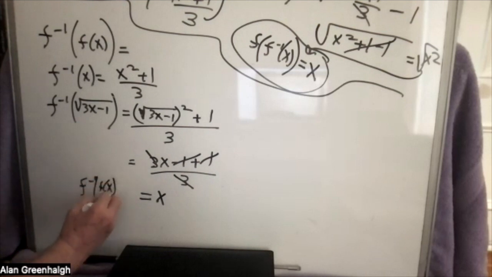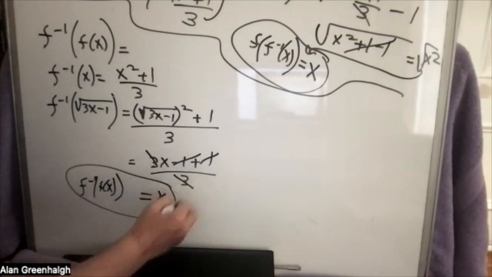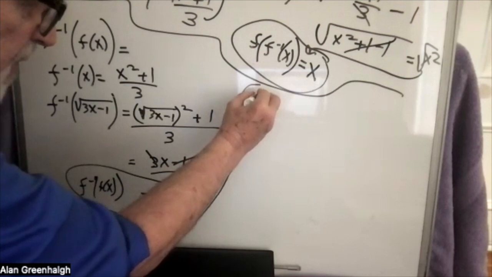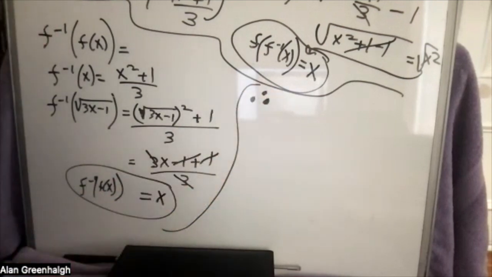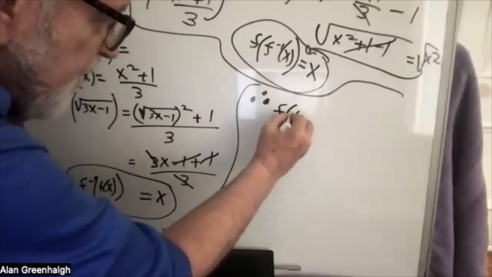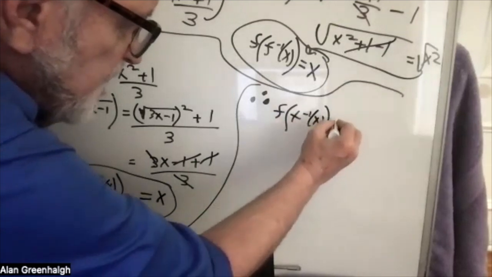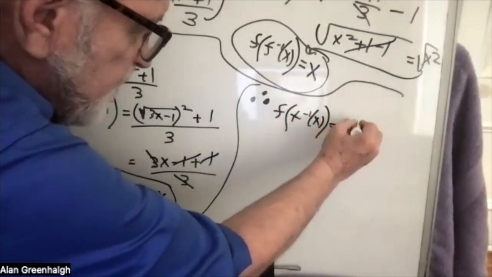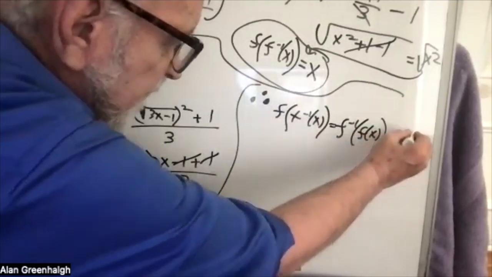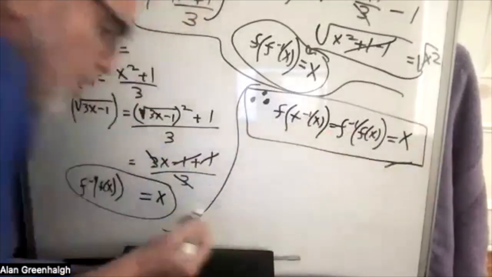Therefore, three dots in mathematics means therefore, we've just proved that f of the inverse is equal to the inverse of f of x, and that they both equal x. And that's the verification.